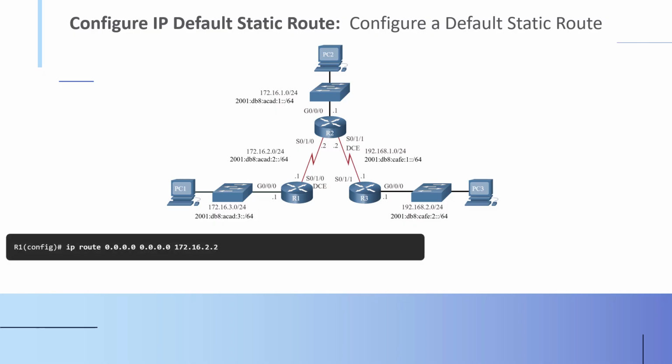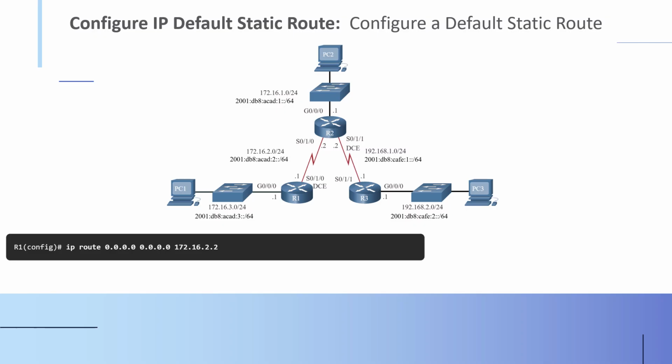Here we have an example that shows how to configure an IPv4 default static route on router 1. With this configuration, any packets that do not match more specific route entries are forwarded to router 2 at the interface with the IP address 172.16.2.2, which is the interface serial 0/1/0 of router 2.